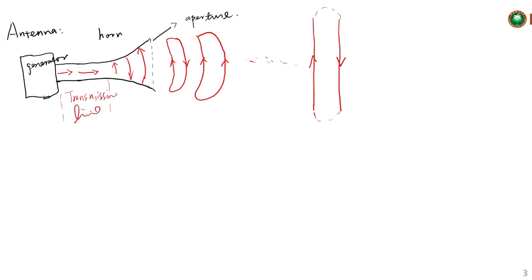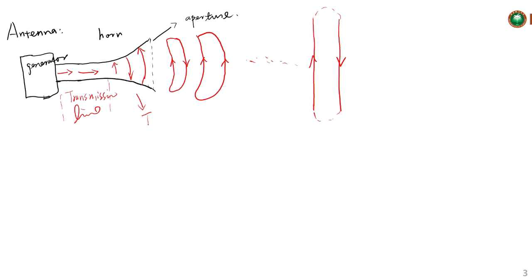Mostly it can be a waveguide. If you look from the front of the antenna, from its aperture, into the antenna, you will see a waveguide with a very tiny aperture, and after that this side is the transmission region.